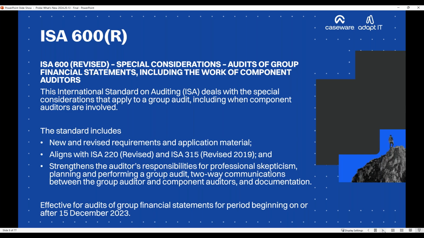All right, so what is ISA 600 revised specifically about? So this revised standard has included new and revised requirements as well as application material for how to actually audit a group set of financials. And then in line with that, they've also aligned the standard with ISQM 220 revised. That was quality management at engagement level. So that, you may remember, was one of the big changes from last year's Probe template, where we changed a lot of the documentation to give the engagement partner more accountability.